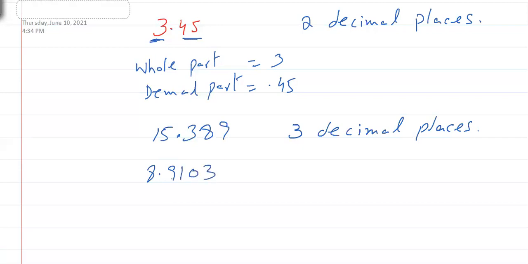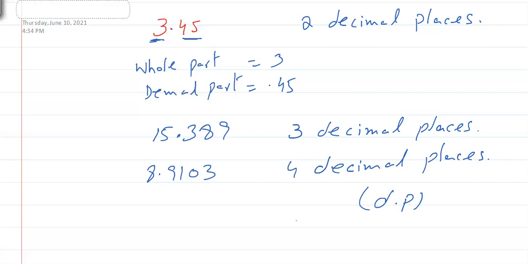How many digits are after the decimal? 4 digits, so I will say it has 4 decimal places. So decimal places mean the number of digits after the decimal. Okay, I think this is quite clear, the meaning of decimal place. Now, one thing, wherever I have to write decimal places, instead of writing the full words, I will just write DP. DP stands for decimal places.